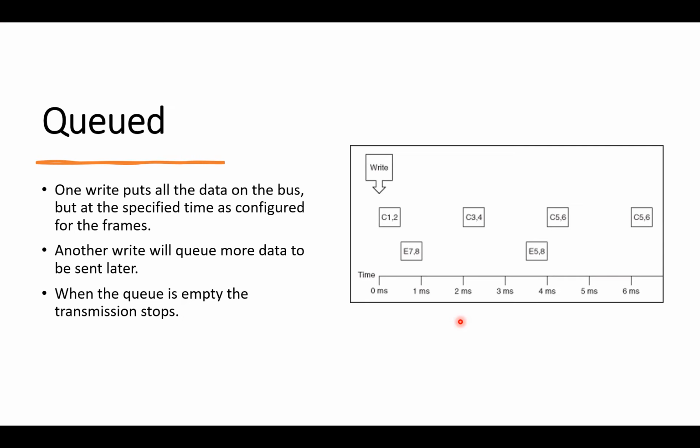In the database editor, we have to mention the transmit time, how frequently the data will be transmitted, in seconds, like 0.1 or 0.001. If you mention the timing, the data will be put onto the bus at the specific time as configured for the frames, continuously on the bus.